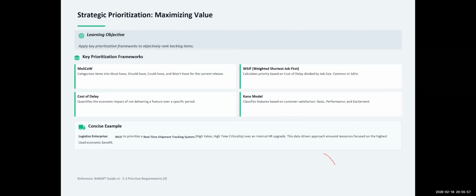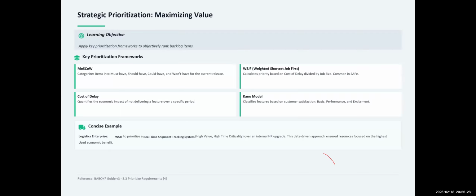You categorize the items in the backlog into must have, right? These are things that have to be in the product. Without these features, you cannot use that product, right? So it's not up to debate whether it should be delivered or not.